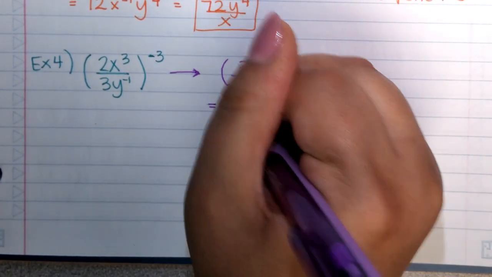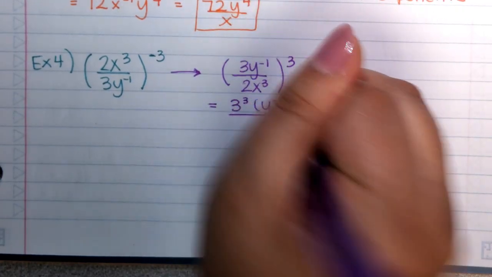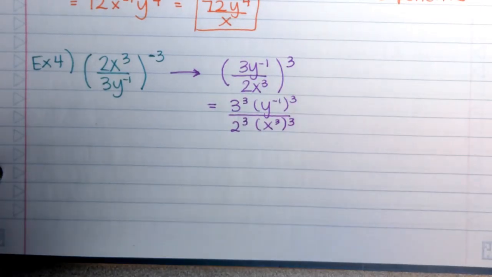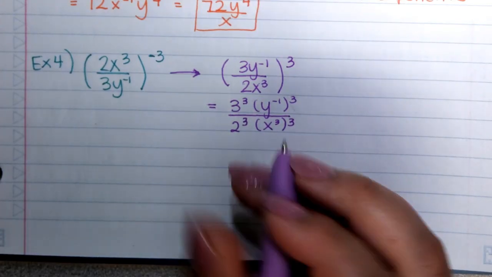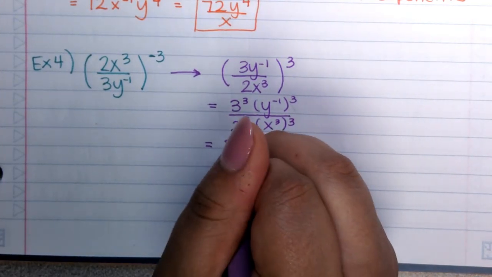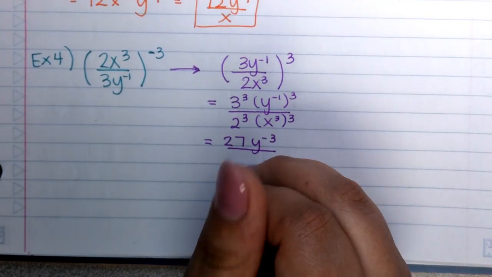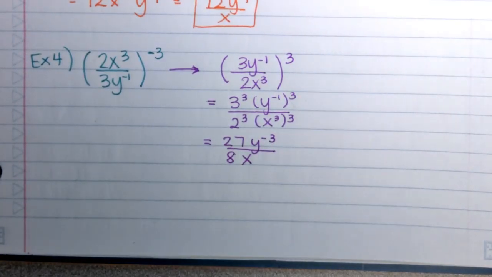Now I'm going to distribute. What is 3 cubed? What is 2 cubed? And what is x cubed to the third? Say it again. X to the 9.